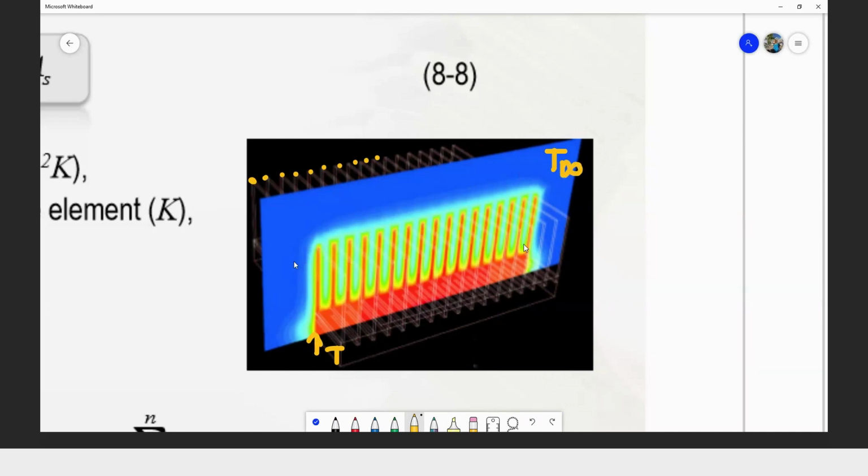So if we consider this element and look at the temperature only, the temperature on the right hand side and left hand side of this element is not the same. Maybe the ones here and here are the same, and here and here too.